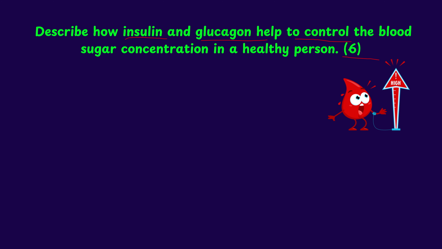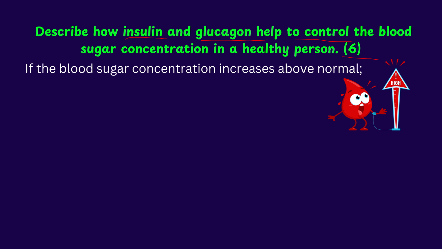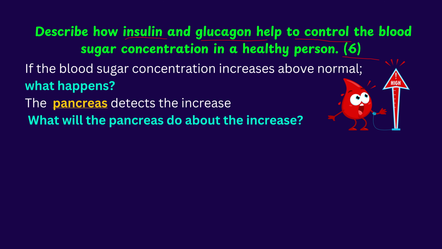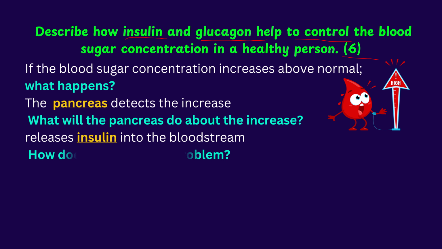So let us talk about if it is above normal, if the blood sugar concentration is too high. So if the blood sugar concentration increases above normal, what happens? The pancreas detects the increase. What will the pancreas do about the increase? The pancreas releases insulin into the bloodstream.